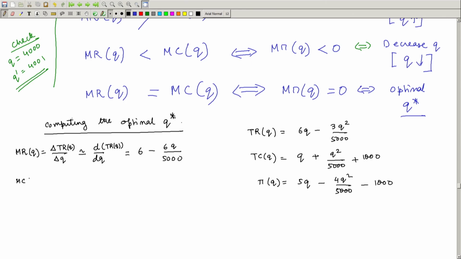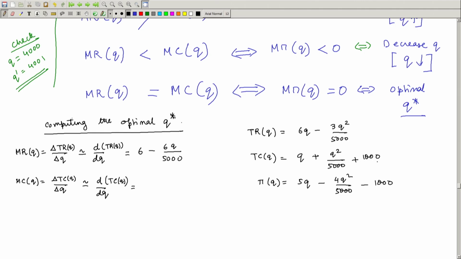Similarly, I can compute the marginal cost as delta TC over delta Q, which is approximately the derivative of the total cost function with respect to Q. For very small changes, as my delta tends to 0, my marginal cost is dTC/dQ. If I take the derivative of this expression, the 1000 is just a constant.